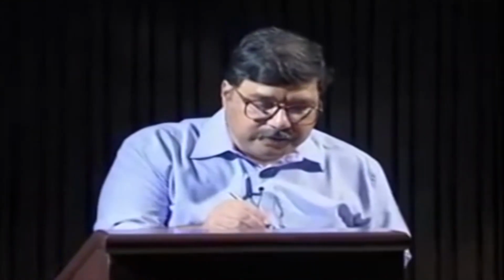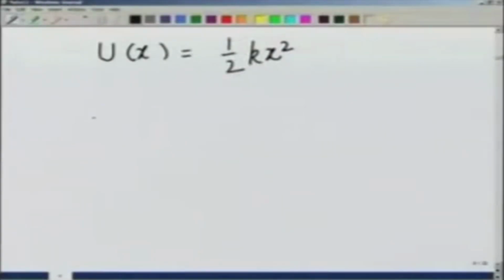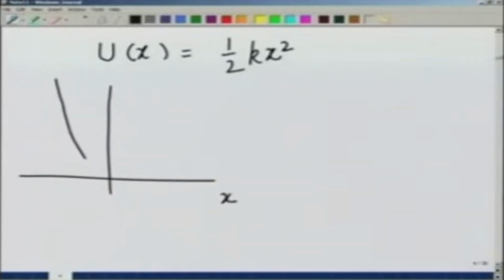So I can now write the potential energy as U(x) equal to 1/2 k x squared, and that you recognize right away as the potential energy of a spring stretched by distance x. So the potential energy with respect to x looks something like this, which is 1/2 k x squared.